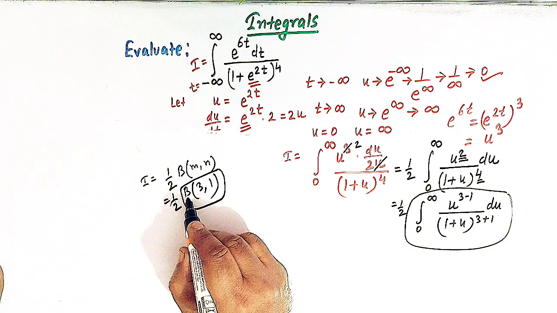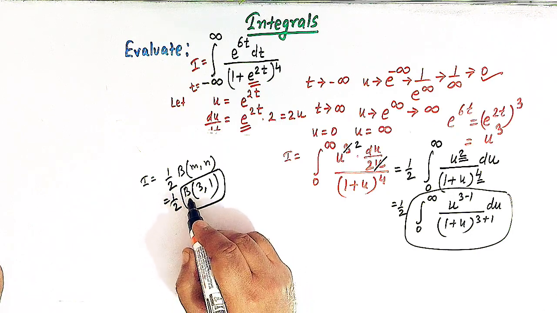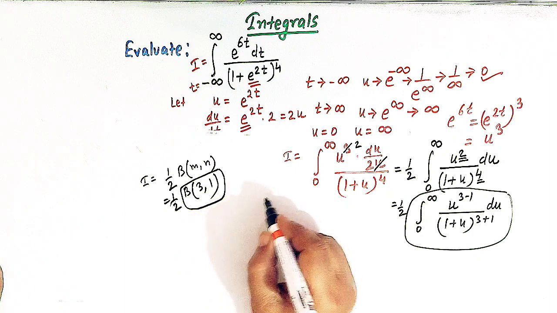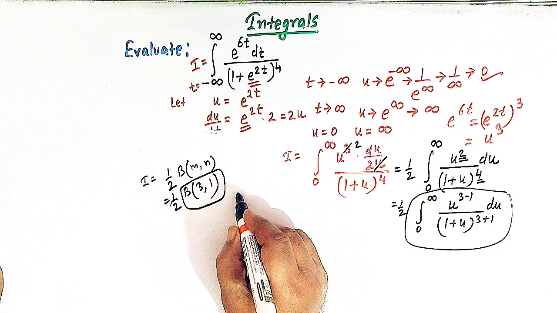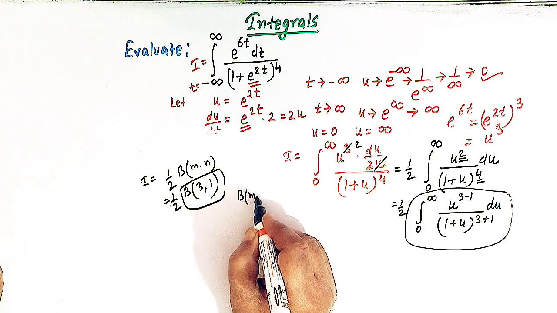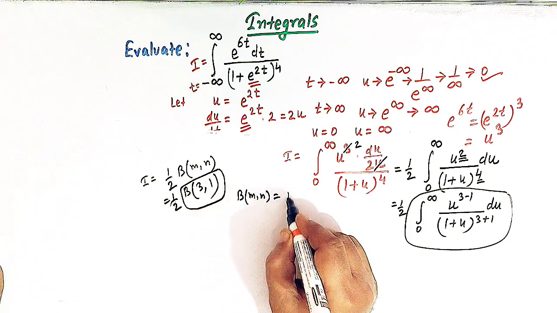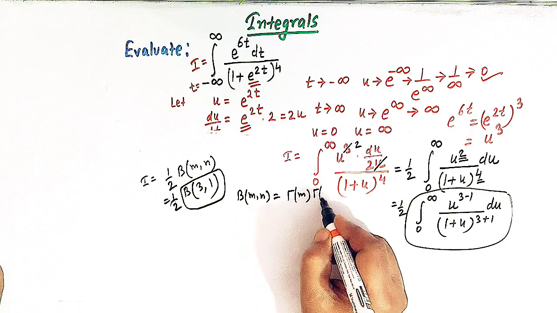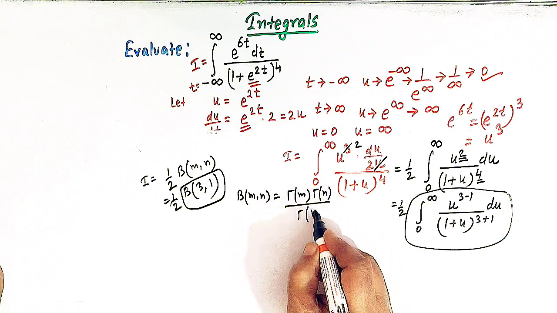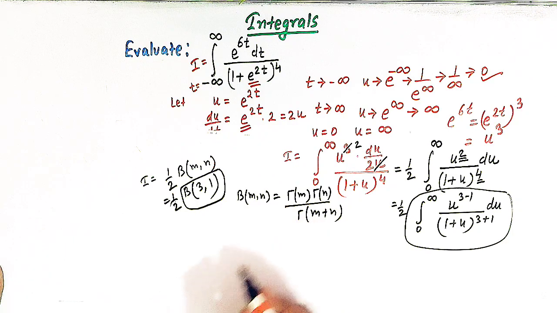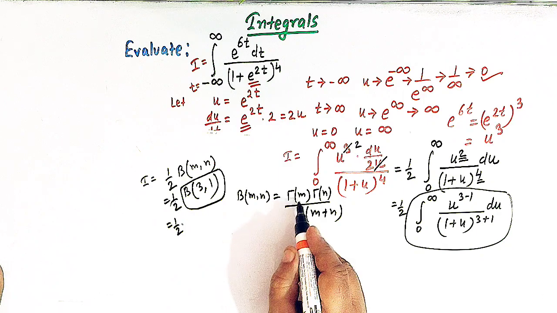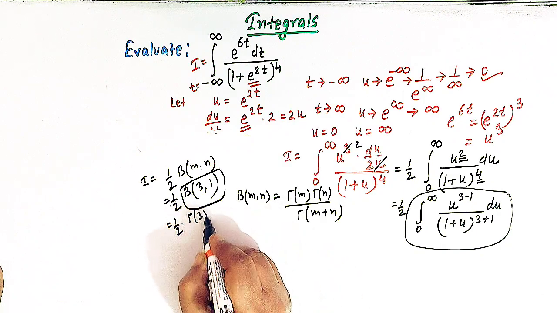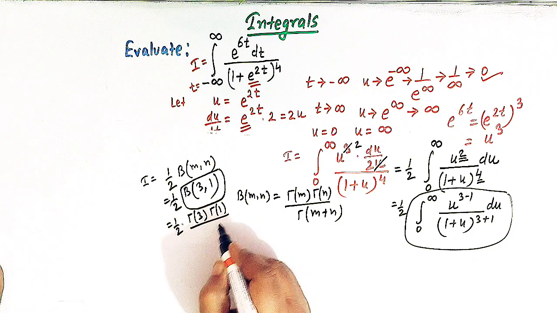To find the value of this beta function, we can use a relation connecting the beta function with the gamma function. The relation is beta m comma n is gamma m times gamma n over gamma of m plus n. So we have half times beta 3 comma 1, which is gamma of 3 times gamma of 1 over gamma of 3 plus 1.